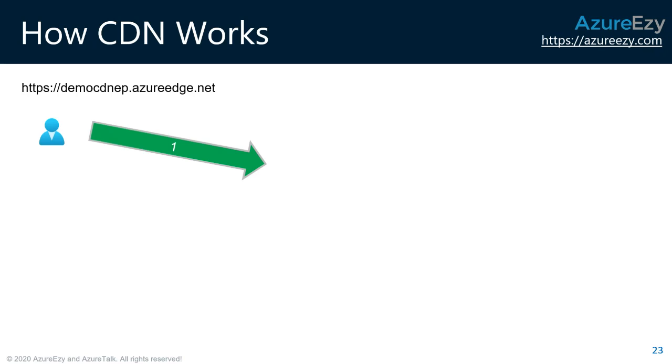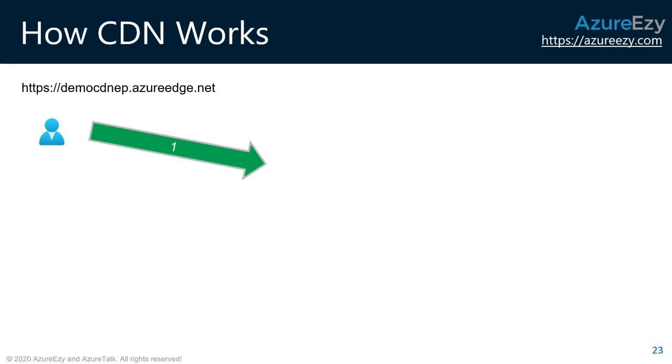You deploy a CDN profile, then within the CDN profile you configure an endpoint. Your endpoint will be your actual web server in the background. Now, for example, we have created a CDN profile and this endpoint, the CDN endpoint, like demo-cdn-endpoint.azureedge.net.